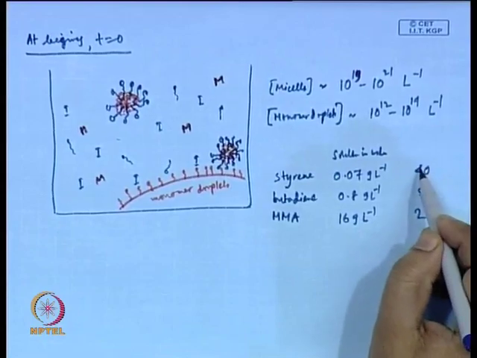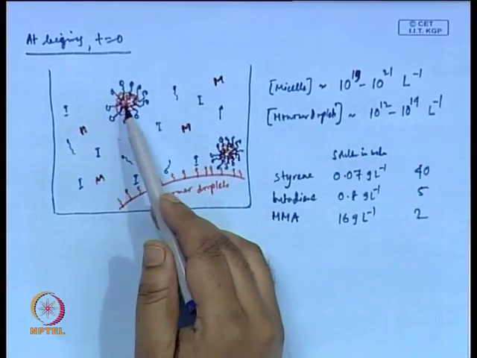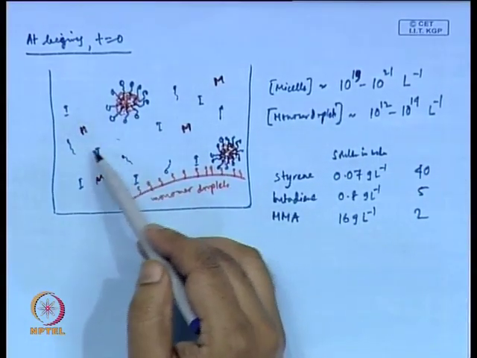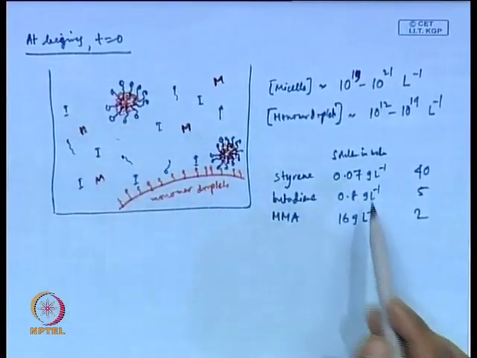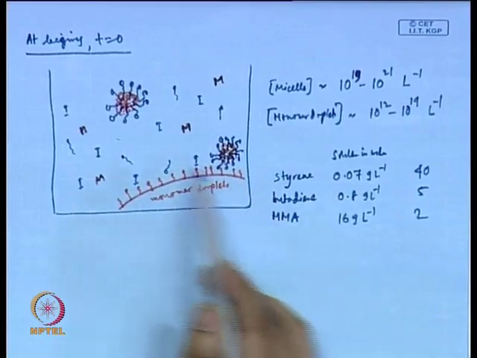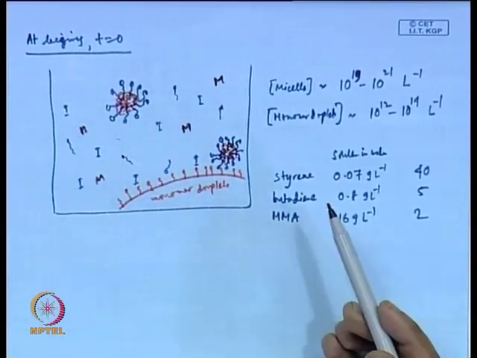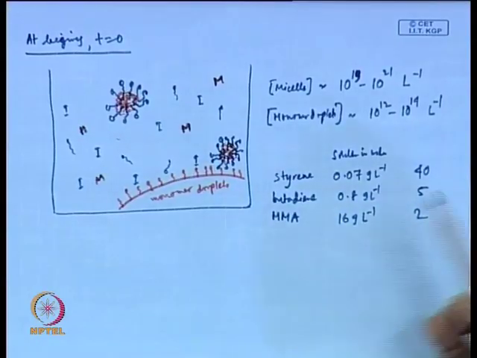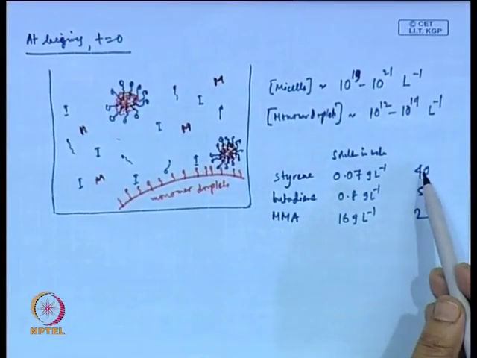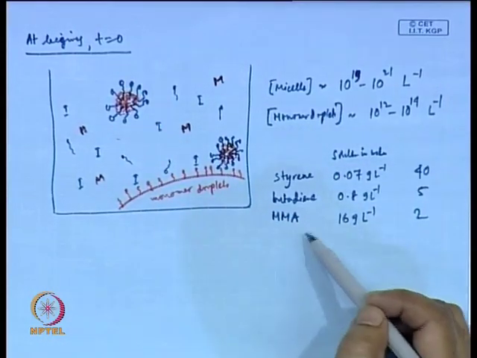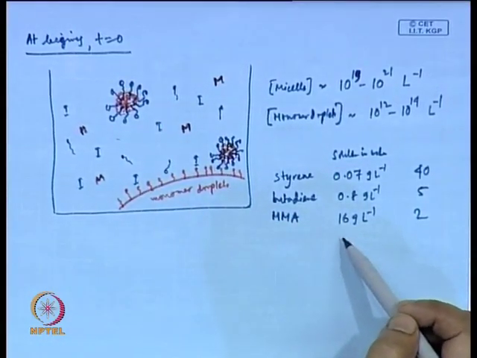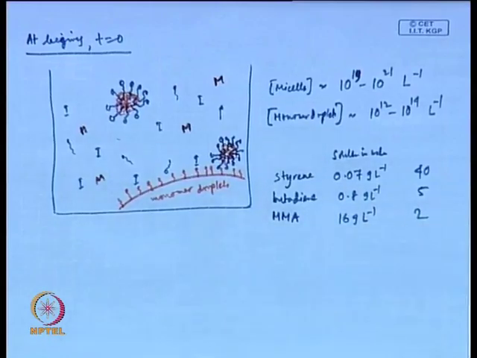These numbers are the ratio of the amount of monomer inside the micelle and outside, where outside means as dissolved monomer. Obviously, styrene has the minimum solubility in water, so it will partition more inside the micelle, much more compared to MMA, which has a higher solubility in water.